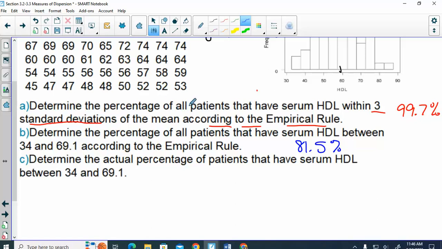All right, let's see how close the real data was. I want to know the actual percentage. So we know there were 54. Let's count.